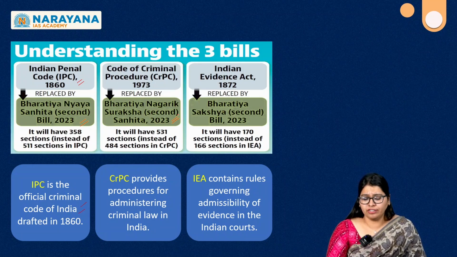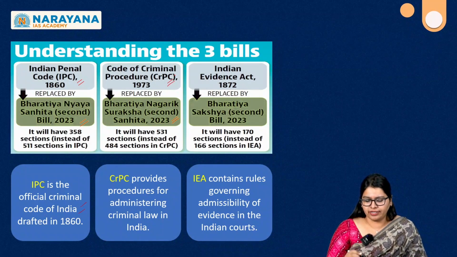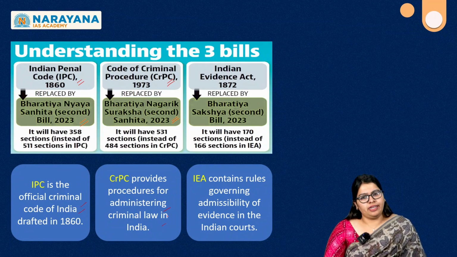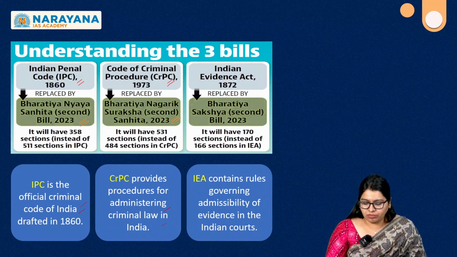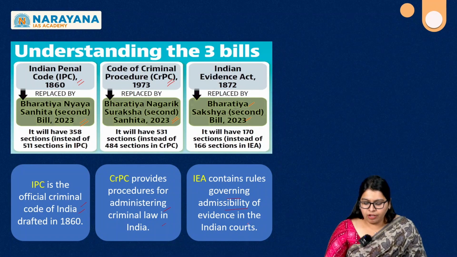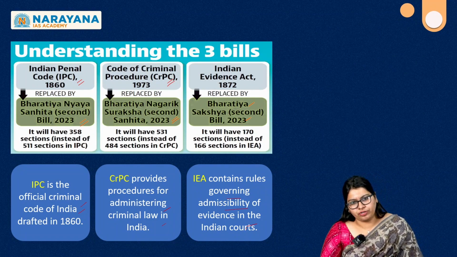This will be replacing the Code of Criminal Procedure of 1973, that is nothing but a code that provides for administering criminal law in India. Moving ahead, the next one is the Bharatiya Sakshya Bill 2023, which will be replacing the Indian Evidence Act of 1872 that pertains to governing the admissibility of evidence in the Indian judiciary.